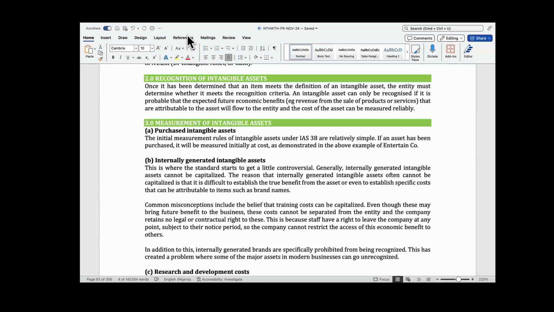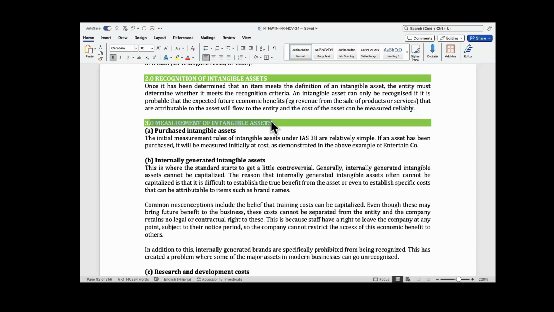Number one is that it is probable that future economic benefits will flow to the entity, and number two is that the cost of the asset can be measured reliably. Before you can recognize an intangible asset in the books, it must be probable that future economic benefits will flow, and it must have a cost that can be measured reliably. That's recognition. After recognition, let's go to measurement.